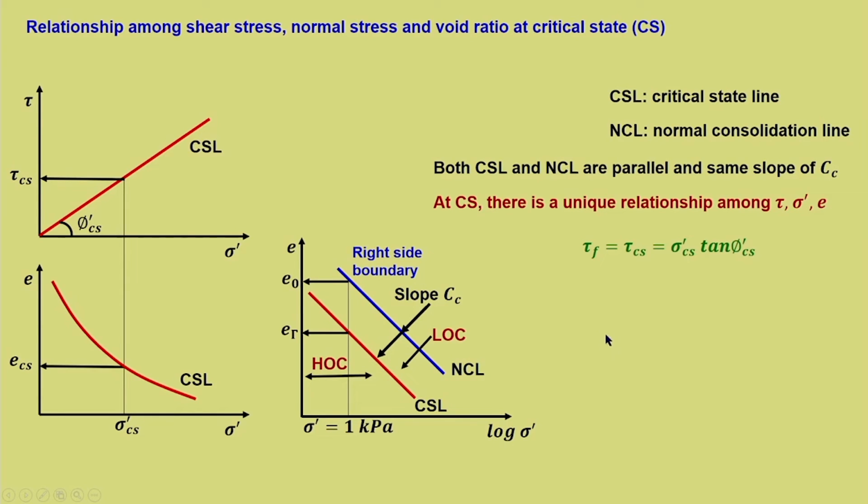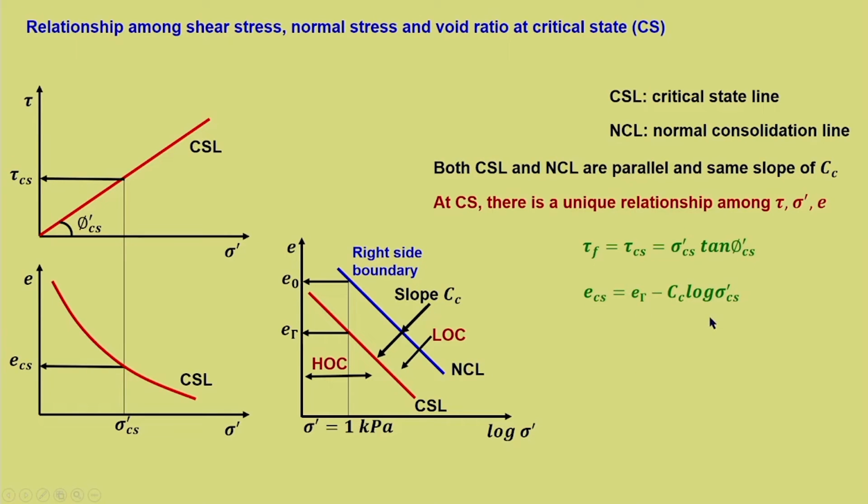If that is the condition, then we can always write tau failure, which is same as tau critical state, is equal to sigma dash CS tan phi dash CS from this particular figure. And this is very familiar to us, which is very similar to what we call the Mohr Coulomb failure envelope.